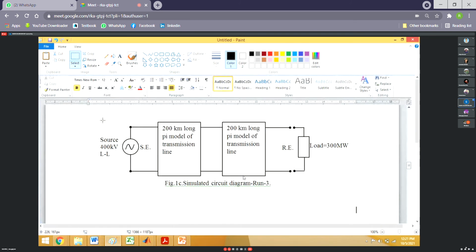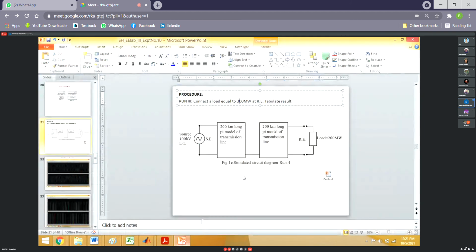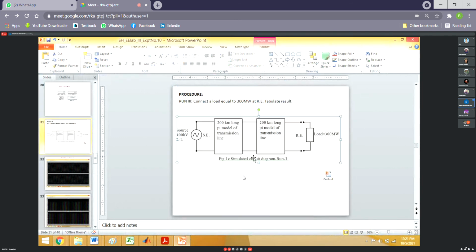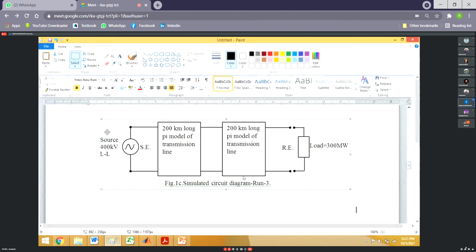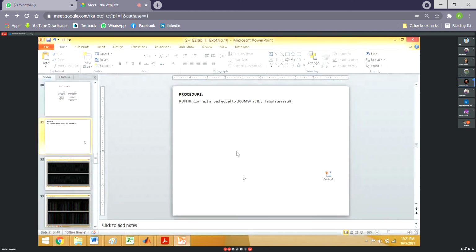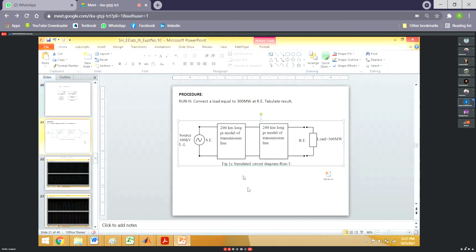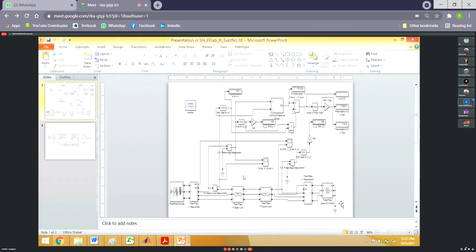But if I do not correct it right now, I shall never get the time. This simulation will be the same as run 1, only the load will be different, right?